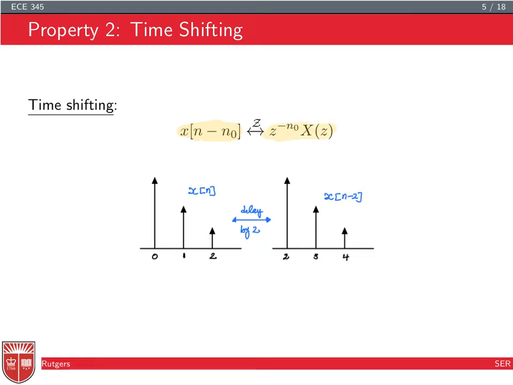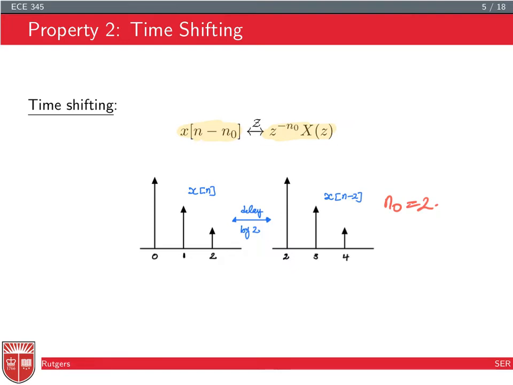So here's what I mean by a shift. Here you can see that the signal started at 0, 1, 2, and I shifted by 2 steps. So n0 is equal to 2 here. What was at 0 is now at 2. Let me write it down: here n0 is equal to 2. Now, why does this make sense? Let's work with this example.